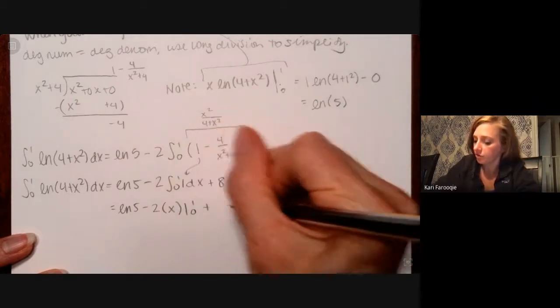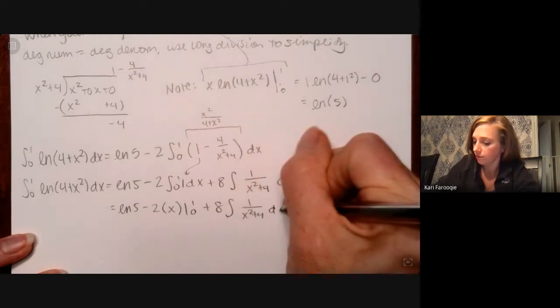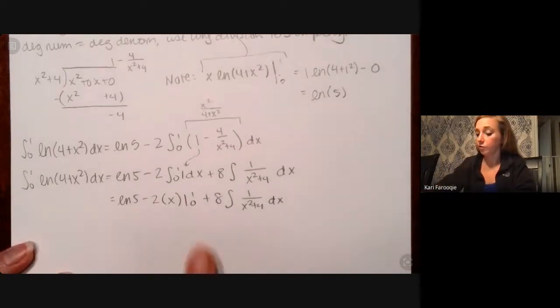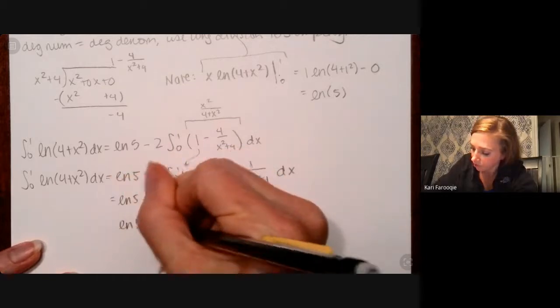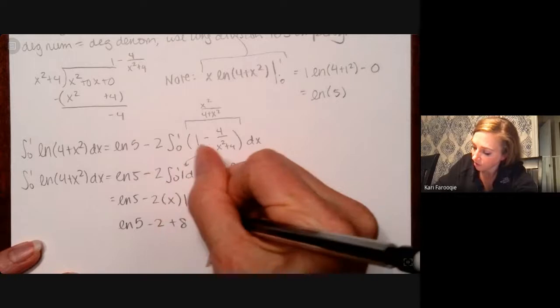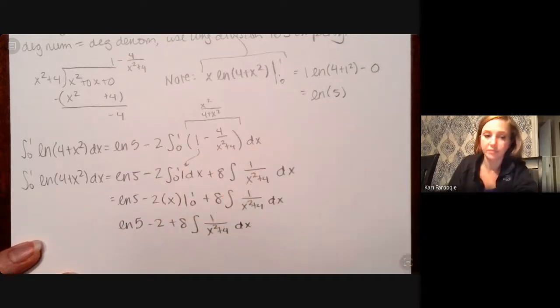And then plus 8 times the integral of 1 over x squared plus 4 dx. Of course, this will be 2 times 1 minus 0, which is just 2. We have ln 5 minus 2 plus 8 times the integral of 1 over x squared plus 4 dx.